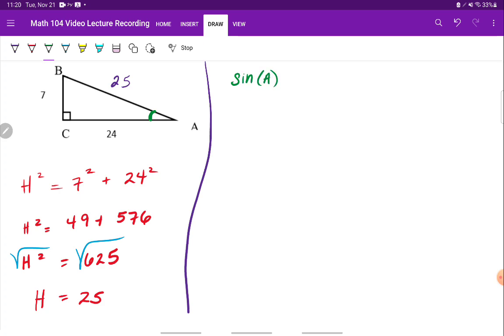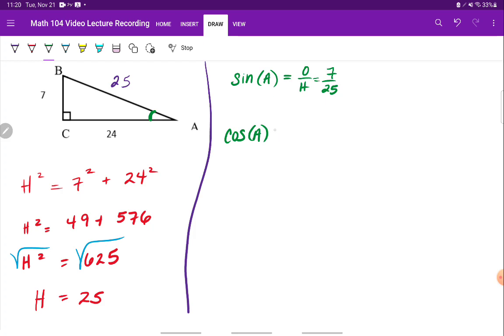And when we do this, we're going to be using this opposite, adjacent, hypotenuse thought process rather than x, y, and r. Sine is equal to our opposite side divided by our hypotenuse. Opposite over hypotenuse, so that'll be 7 over 25.